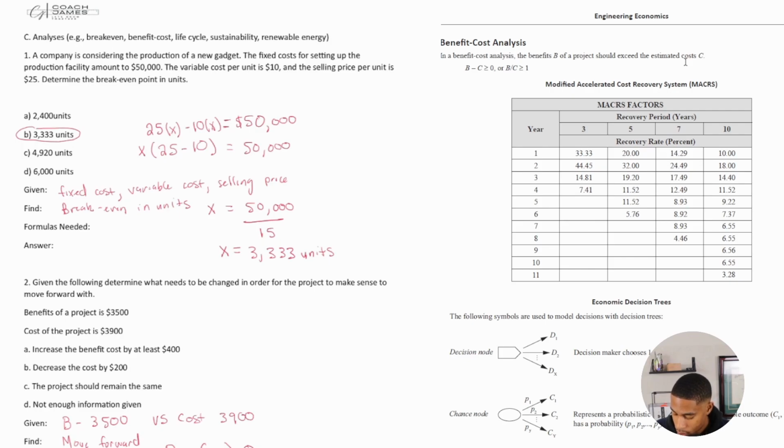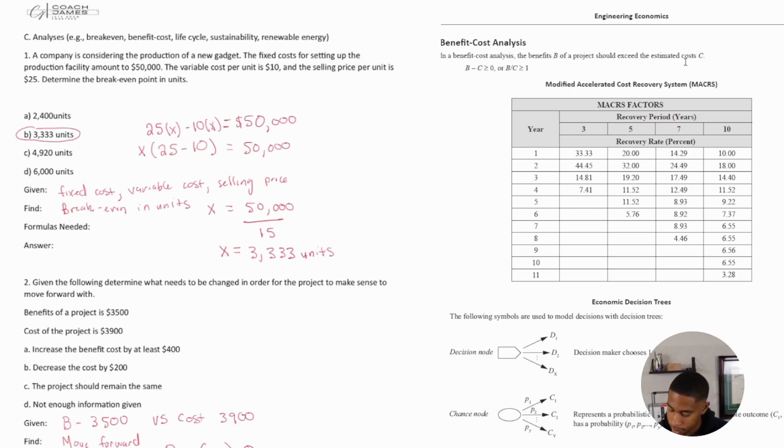Okay. So let's say we try A. We increase the benefit by at least $400. So now the benefit goes from 3,500, but we increase it by at least 400.